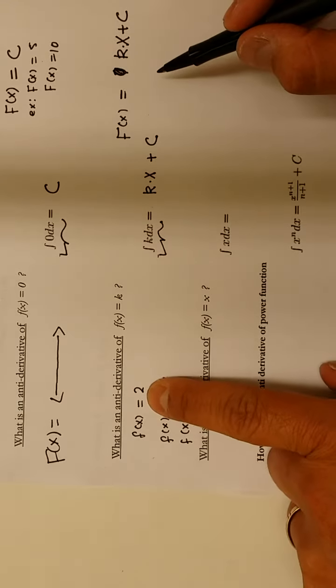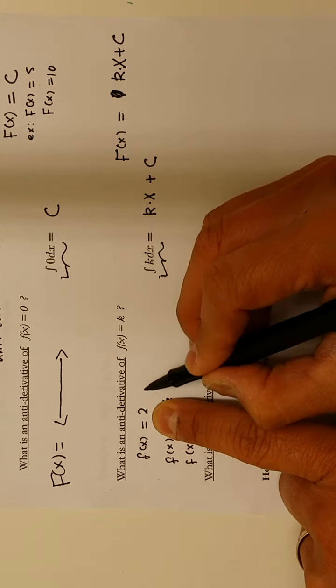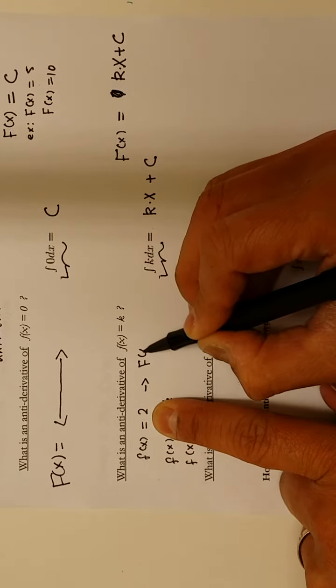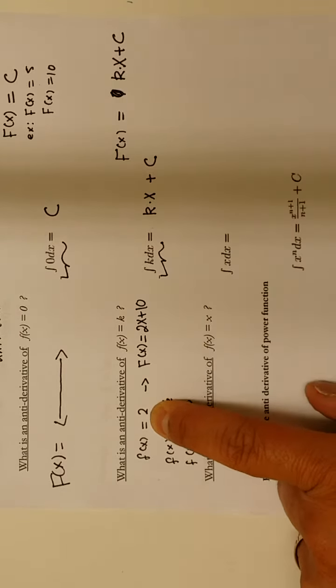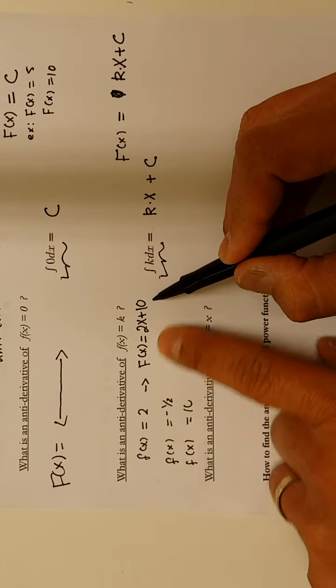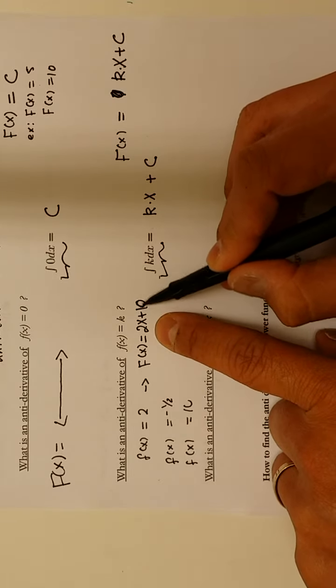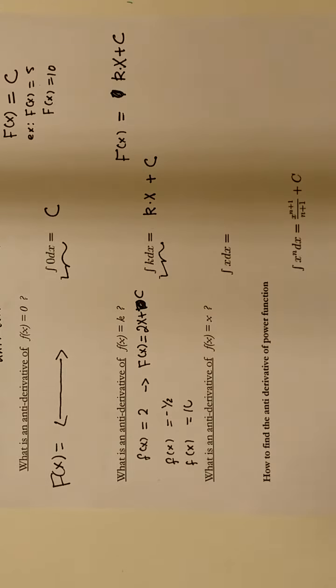Let's say this was your derivative, then your antiderivative would be something like 2x plus 10, for example, because if you take the derivative of that, you get 2. It could be 2x plus 10, or 2x plus 11. In general, we say 2x plus c because the last number could be anything.